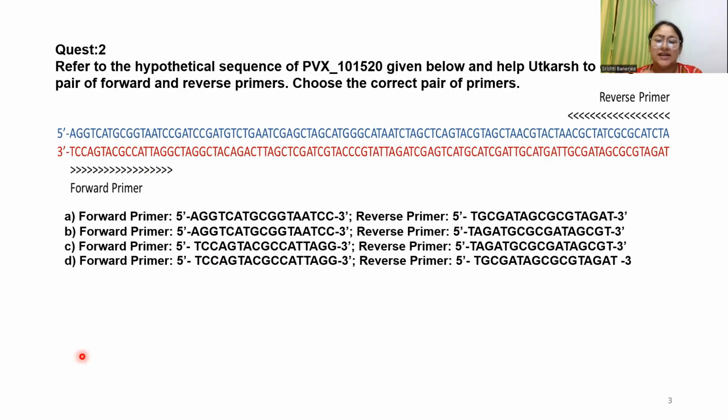Suppose you have one copy, it exponentially amplifies it to a lot so that the copy number increases. So what is copy number? In biotech, copy number means that you need to increase or amplify the number of that particular sequence. So it will have more. So this is the sequence of your gene and you need to prepare primers for it.